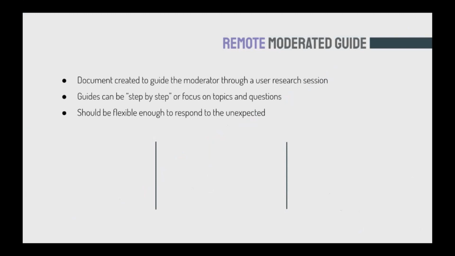It can be step-by-step, or it can focus on just topics and questions, but it should be very flexible. It should be flexible enough, as I stated in the example, to steer the ship, to diverge away for a moment to really investigate something that has come up during your study.